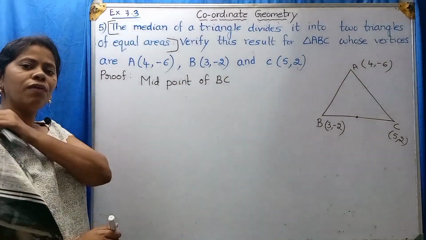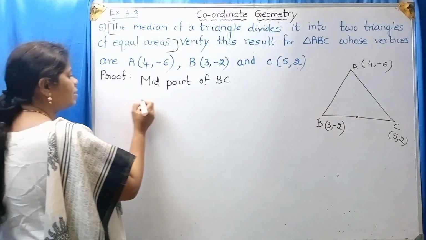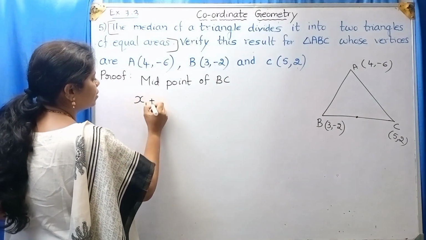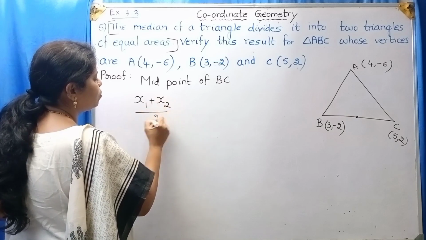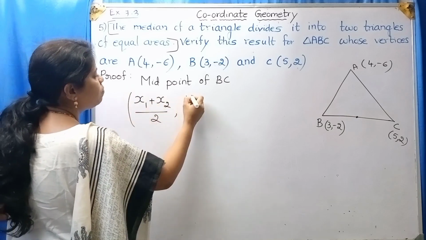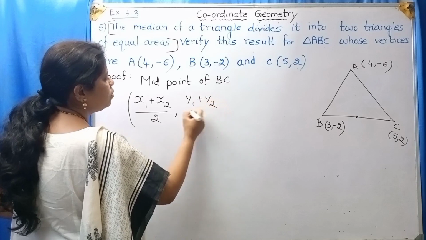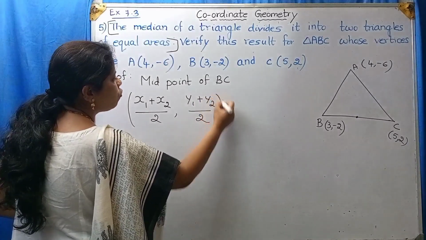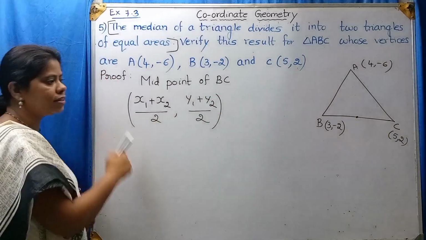What is the formula to find out the midpoint? That is ((x1 + x2)/2, (y1 + y2)/2). This is the formula to find out the midpoint, isn't it?